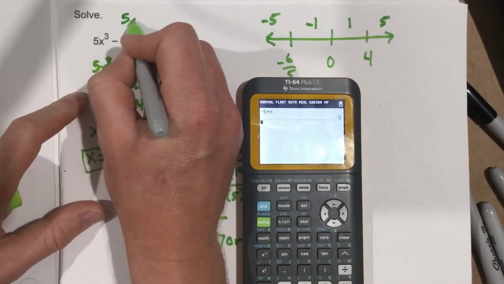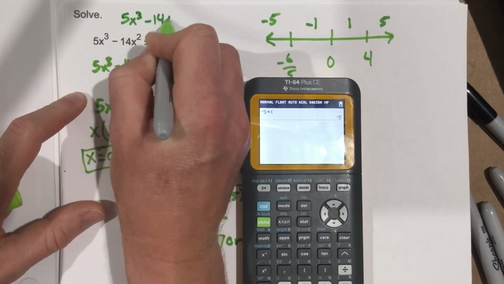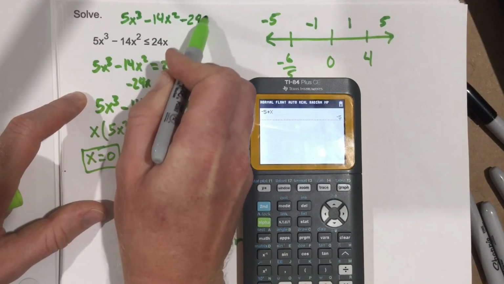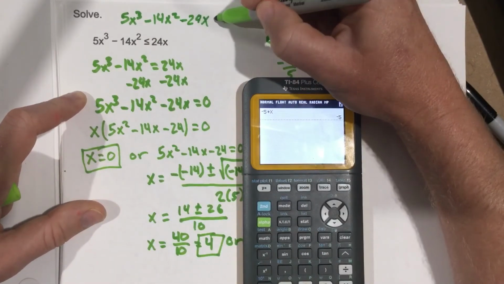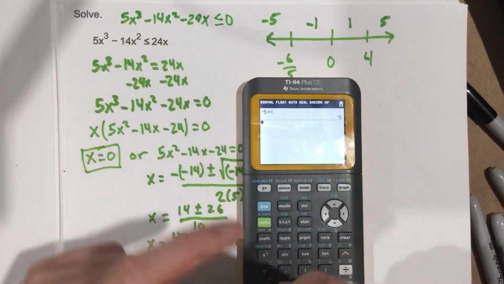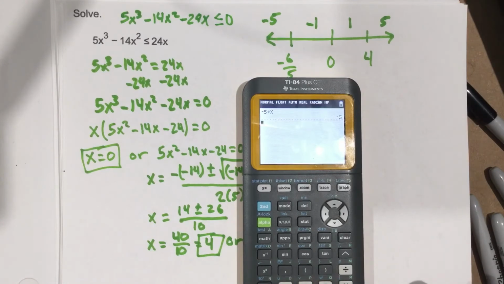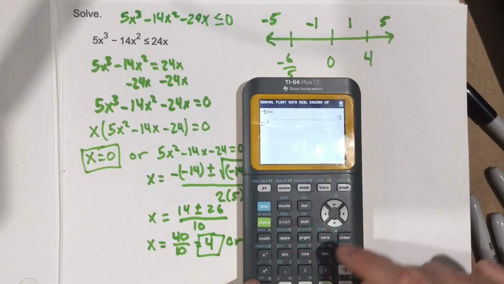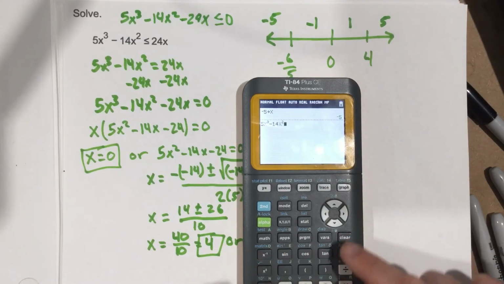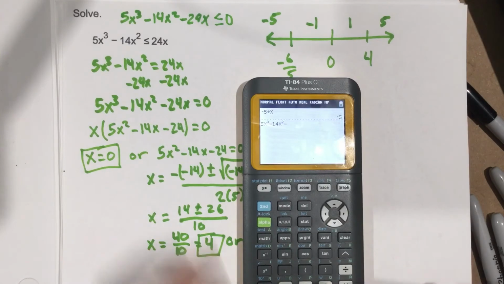We're going to use 5x cubed minus 14x squared, and when I subtract 24x over, I get minus 24x less than or equal to 0. So we're going to use this version of the equation. It makes it easier. So that's what I'm going to type in: 5x cubed minus 14x squared minus 24x, and that's a 24, not a 29. It's close. At the top. And I get negative 855.